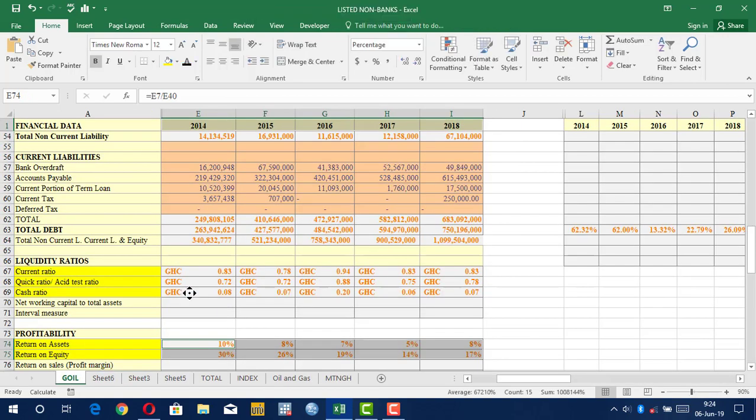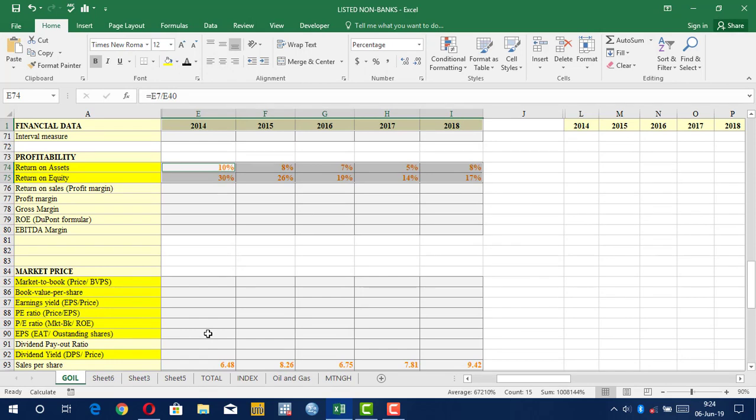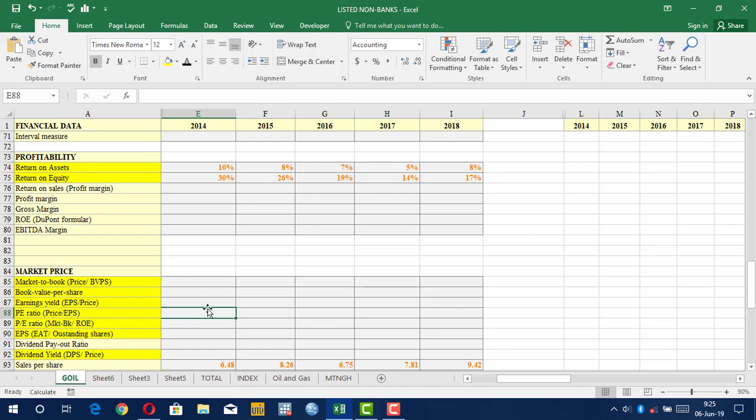Let's look at our next ratios. That is the market price ratios. These ratios are very, very important, technical, and very essential to investors. Our first ratio will focus on earnings per share. Let's start from the basis.